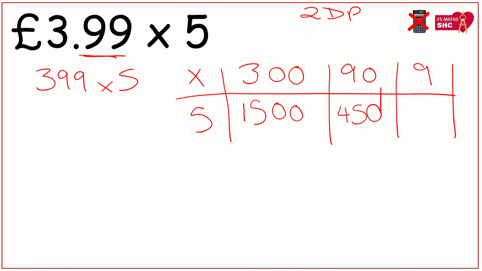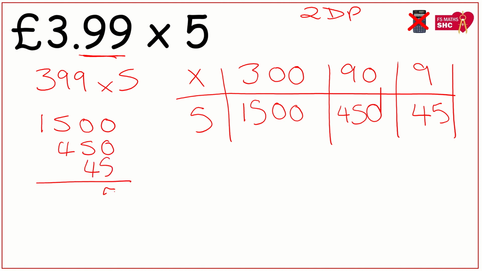Add that 0 on. And the 5 times 9 is 45. Oh, I'm not sure what happened there with that extra squiggly thing. So I'll make sure I write it up right. So let's add them all together. 1500, 450, 45. That leaves us with a 5, a 9, a 9, and a 1.